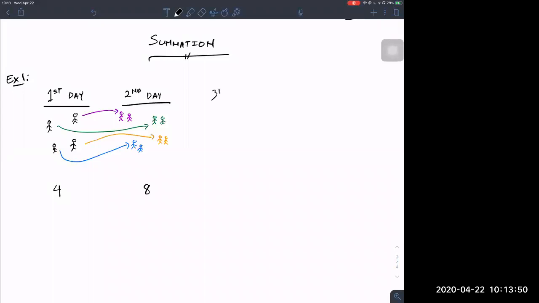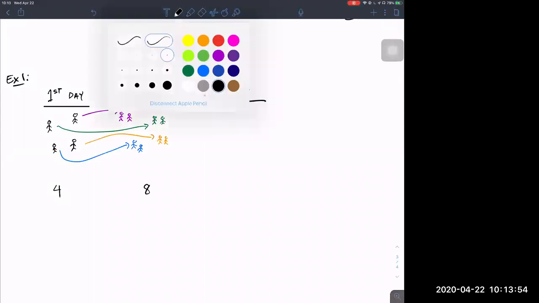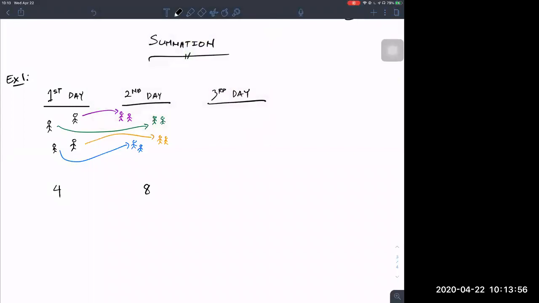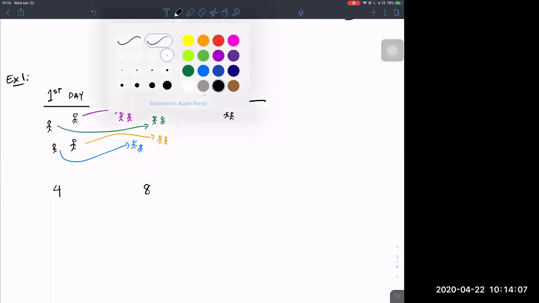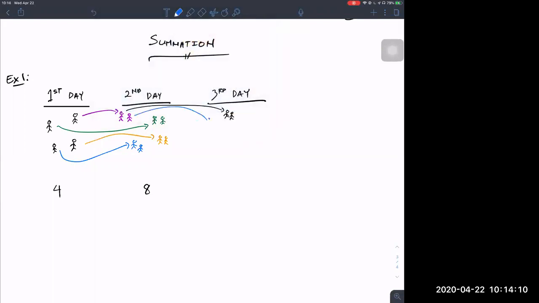If we continue onward, the 3rd day, what happens? I'm not going to draw it for everyone, but now this single person in purple is going to share it to 2 new people. And the second person in purple is going to share it to 2 other people.